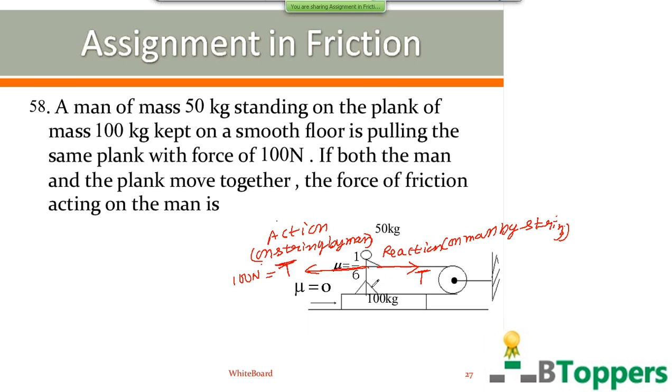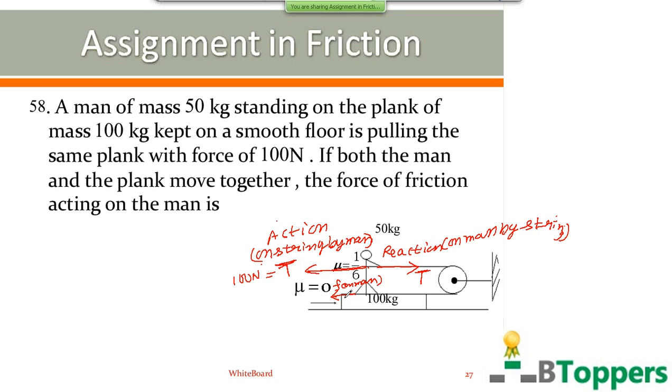Therefore, the force of friction on the man by the plank, because the man tends to move towards right side relative to the plank, the frictional force on the man by the plank acts towards left side.